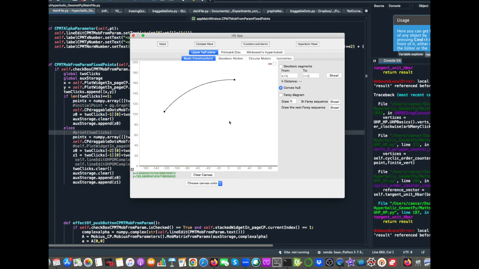But also quadrilaterals. And something that I liked about this program is that here you have 4 points, but you can see this 4th point is actually in the convex hull of the three other points.